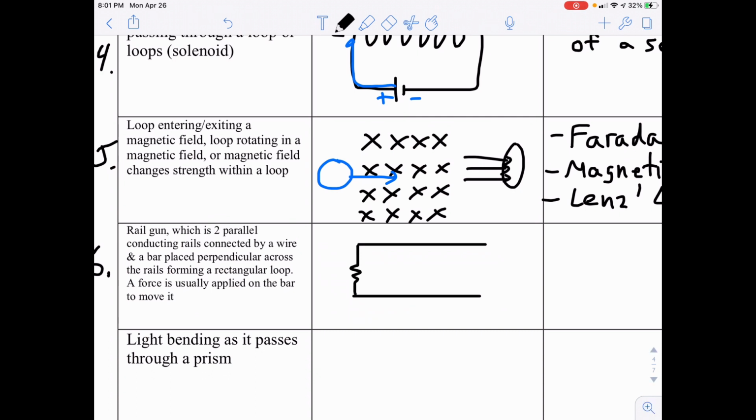Oftentimes I see a resistor over on this side. And then we have a bar placed over the rails. Now the two rails themselves, this is one rail, this is another rail, are usually immersed in some magnetic field, kind of like I'm showing you here.